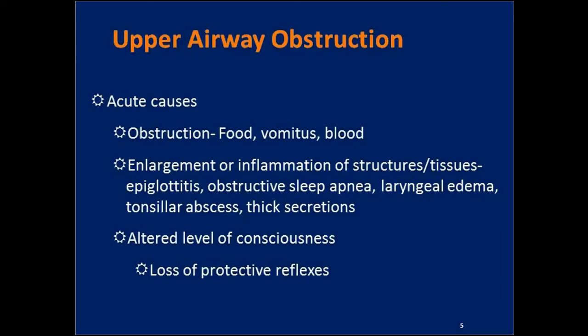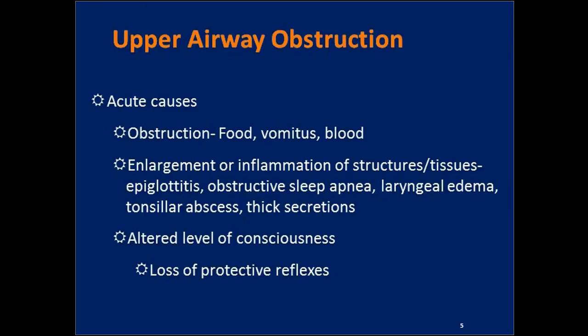Upper airway obstruction. Some causes of obstruction, which would be a reason why we would need oxygen supplementation. Basic causes, of course, any kind of obstruction: food, blood, swelling, vomit, inflammation, dysphoria.